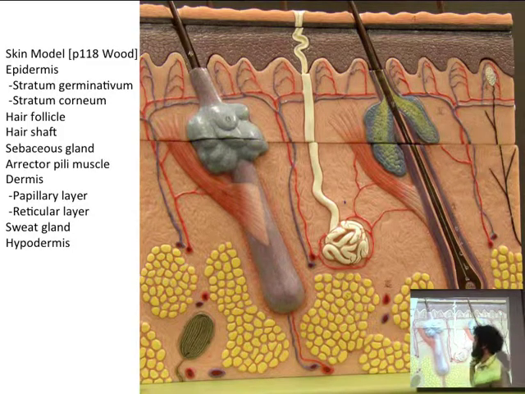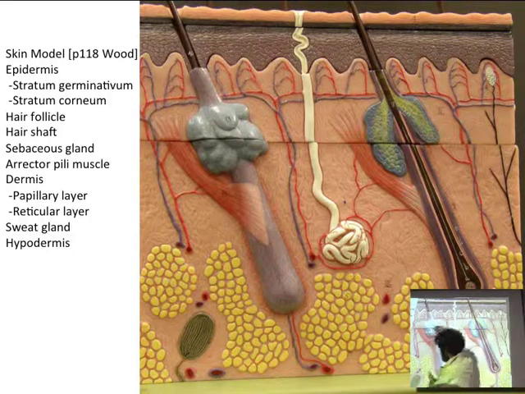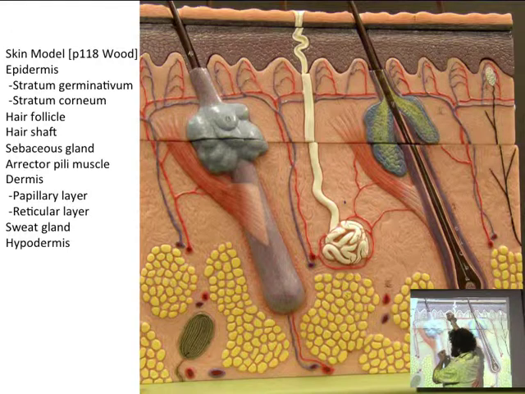These are erector pili muscles, muscles that are bringing your hair erect. And then this would be dermis, this area. So this is all fat right here, and this would be hypodermis below that. So above the fat, all the way up to the dermal papillary layer, that is dermis.